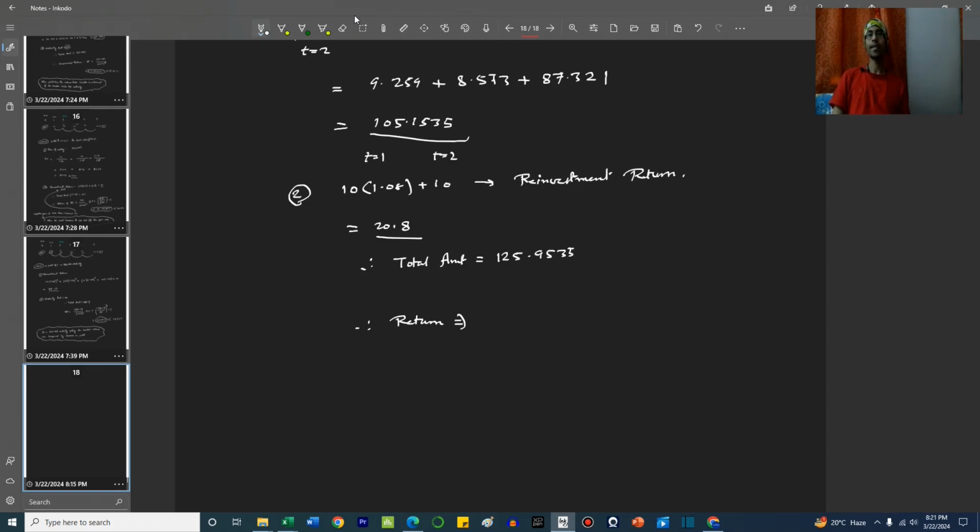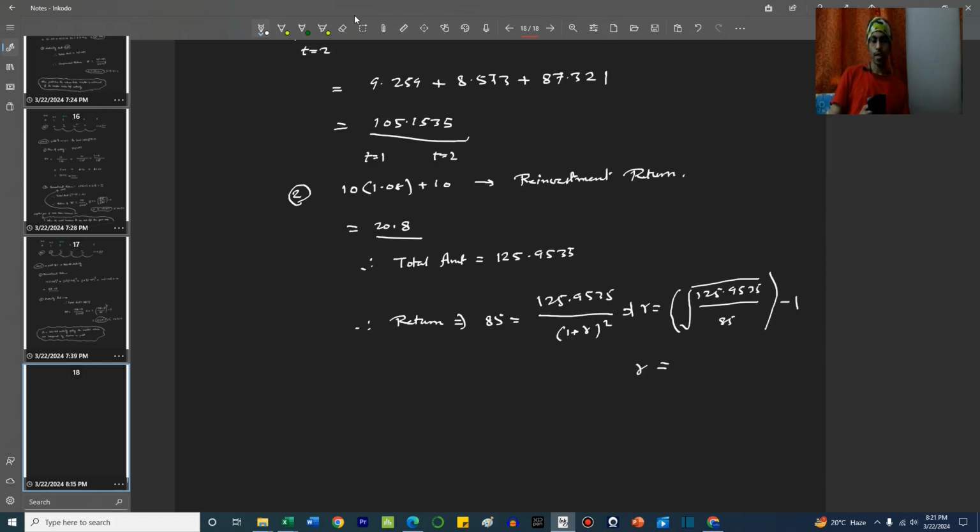So here r is given by 85 is equal to 125.9535 by (1 plus r) whole square. Therefore, r is given by root of 125.9535 by 85, this minus 1.